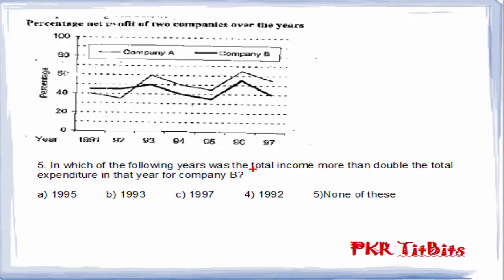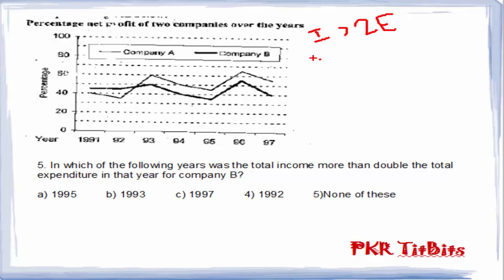Coming to the next question. In which of the following years was the total income more than double the total expenditure in that year for company B? So here income is more than 2 times the expenditure. In the previous question we took expenditure by income, but here it is income by expenditure.